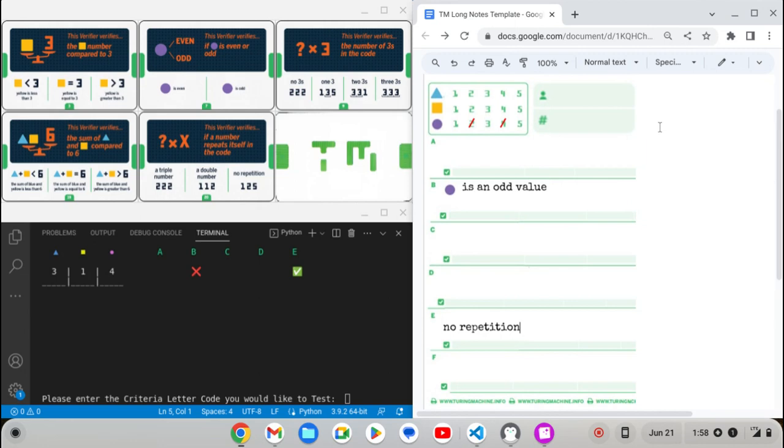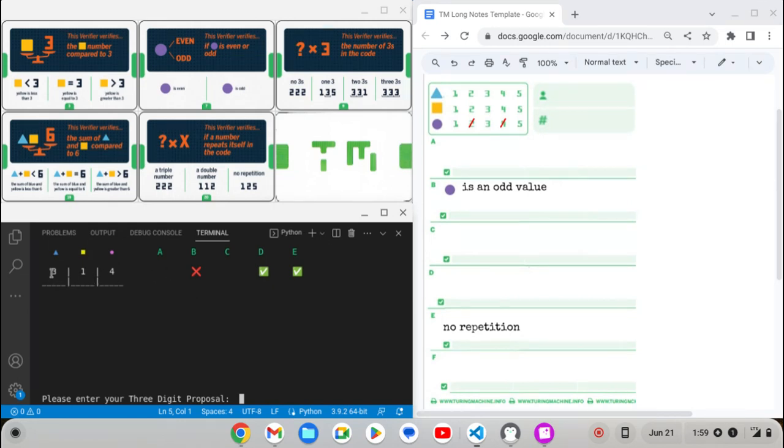Okay, so since there are no repeating digits, the only thing we know for sure is that there's at least a single odd, and we still don't know much about triangle and square. But we do have criteria card D that will let us know a little bit more about triangle and square. So let's go ahead and test criteria card D. Okay, so it does approve of my proposal.